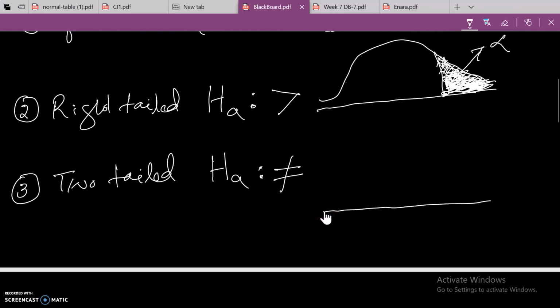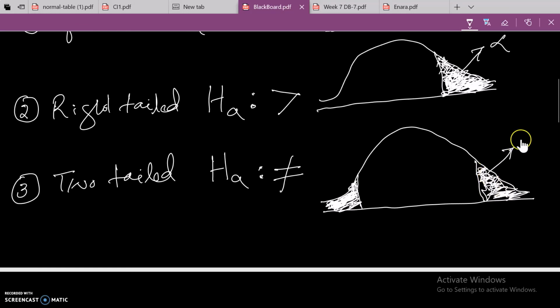This is the normal curve, and a two-tailed test has two tails. The alpha is equally divided between these two tails. So the total alpha is divided into two in these two tails. This is half of the alpha, and half of the alpha is here, alpha by 2.